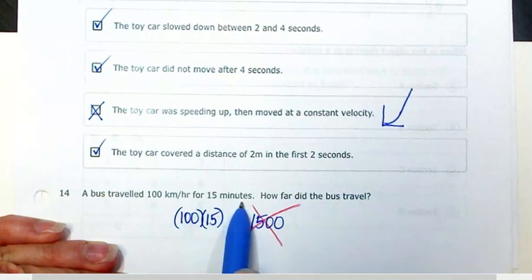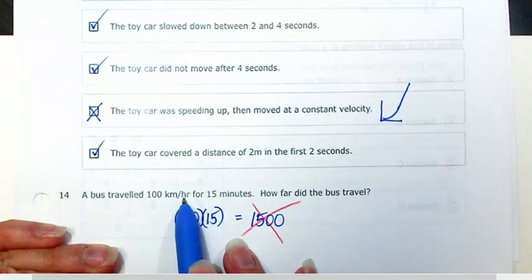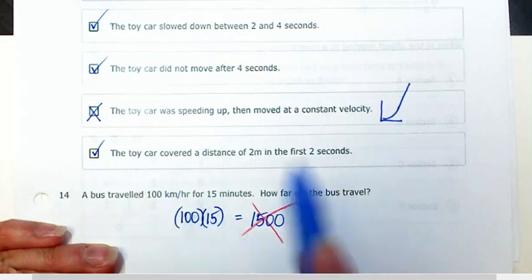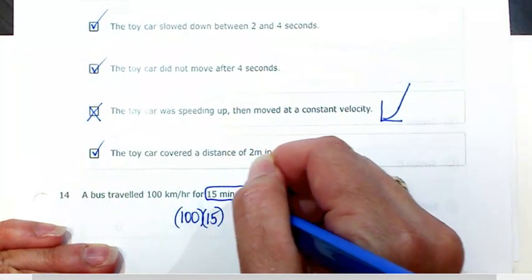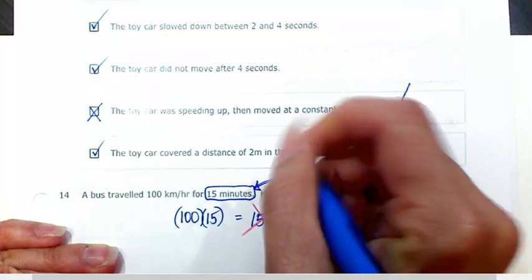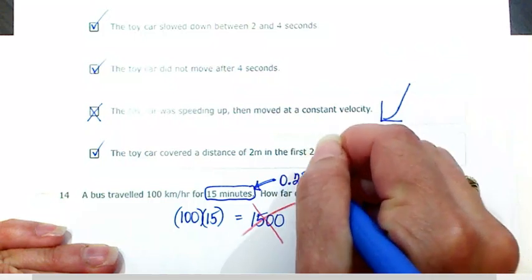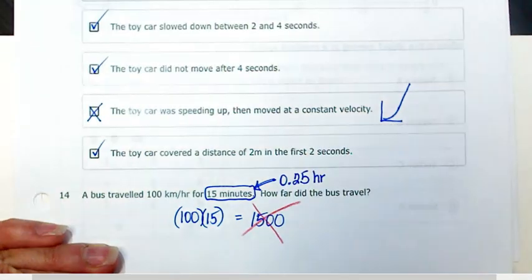The 15 minutes, that's minutes. But it's asking about a bus traveling in kilometers per hour. So what I need to do here is recognize that 15 minutes should be converted into 1/4 of an hour, or 0.25 hours, okay?